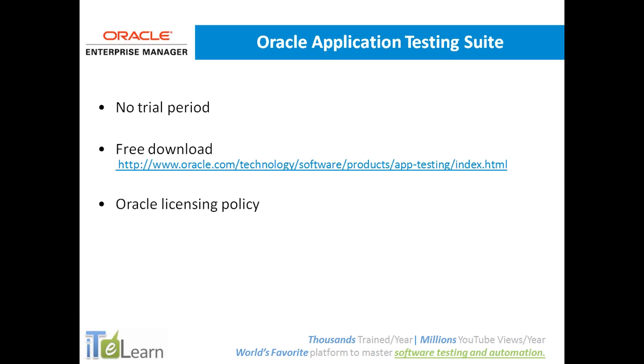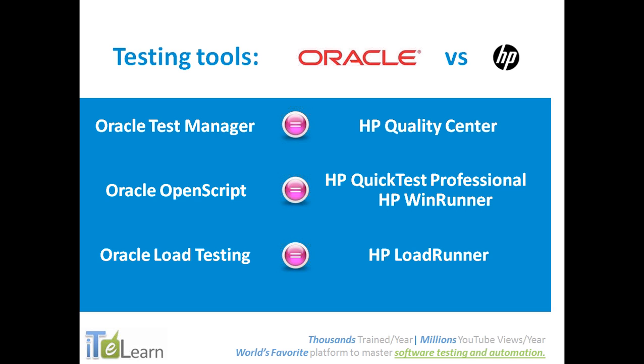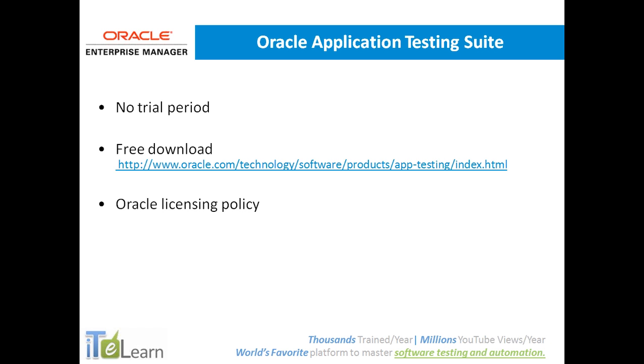And the best part of OATS is we do not have any trial period. When we go back and see the other tools available in the market, HP Mercury tools being licensed, even if we want to download, we get it only for a trial period or a small duration, say 30 days or so.